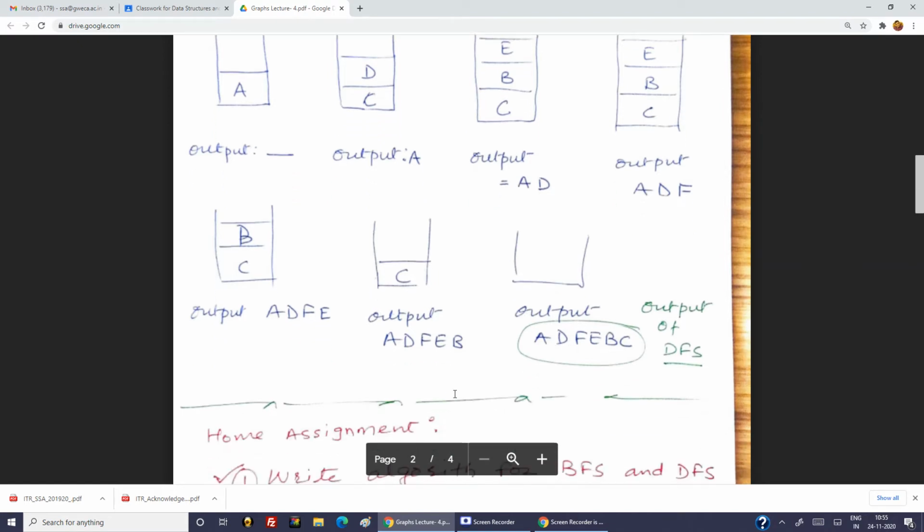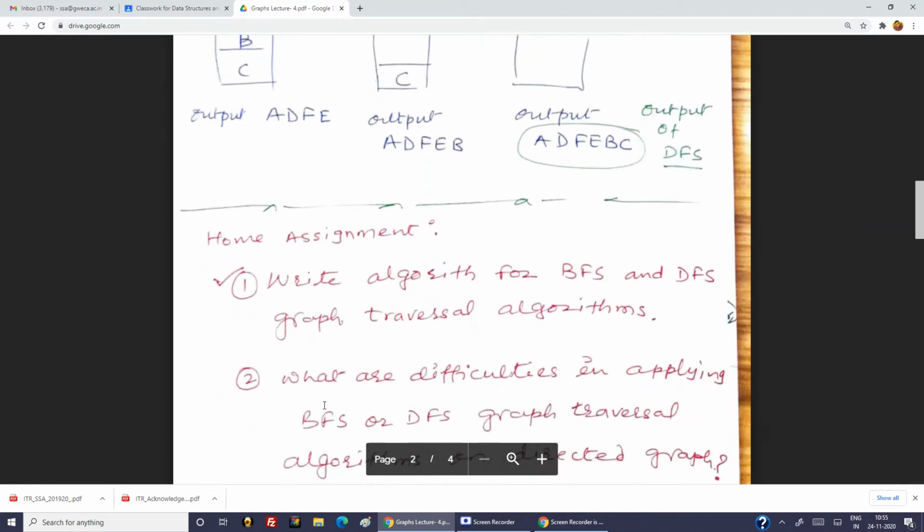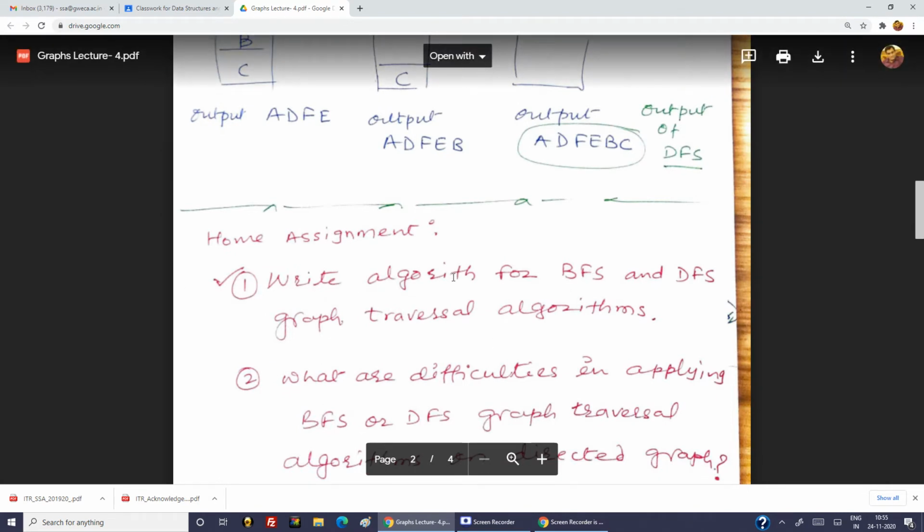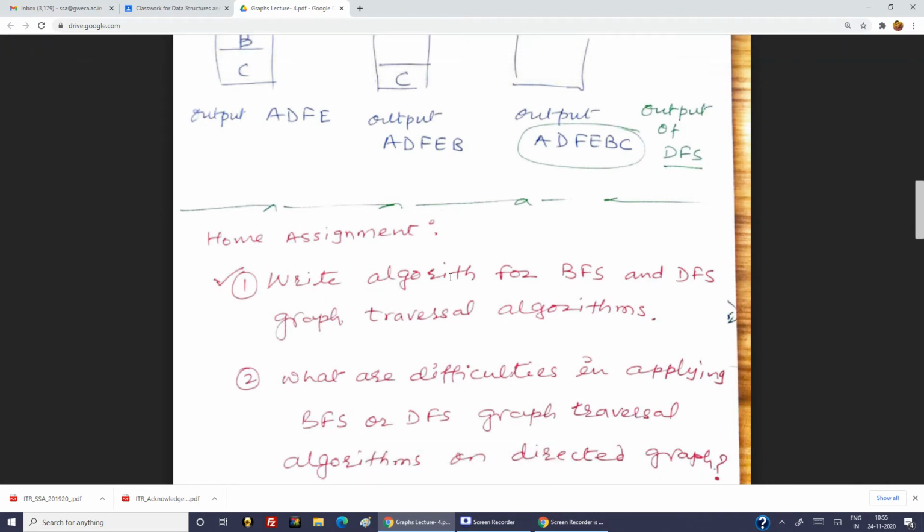So this is output of DFS algorithm. I hope it is clear to you. And if you face some problem, then you need to watch my previous video of BFS algorithm, because both the algorithms have similar operation except the auxiliary data structure they use.